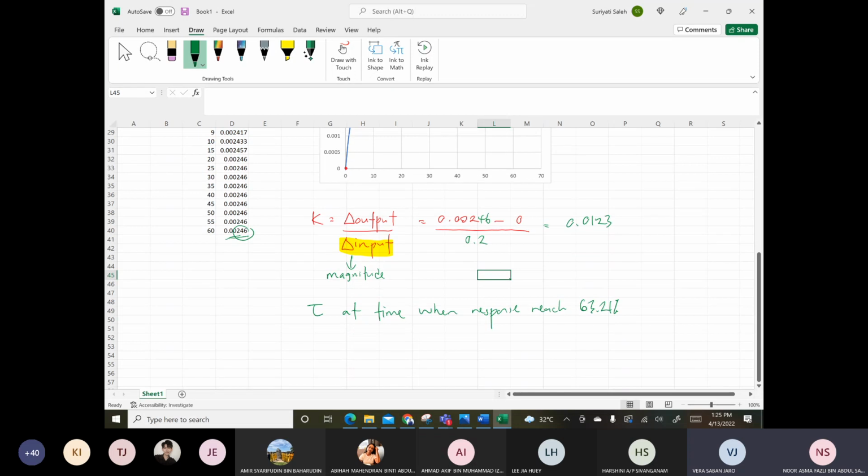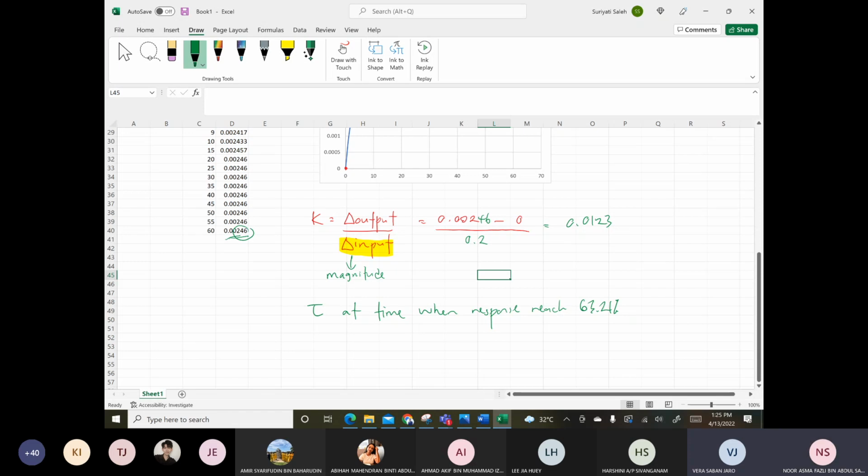When you refer to the textbook, third edition, it is on page 62. When the response reaches 63.21%, the time taken is equivalent to the time constant.